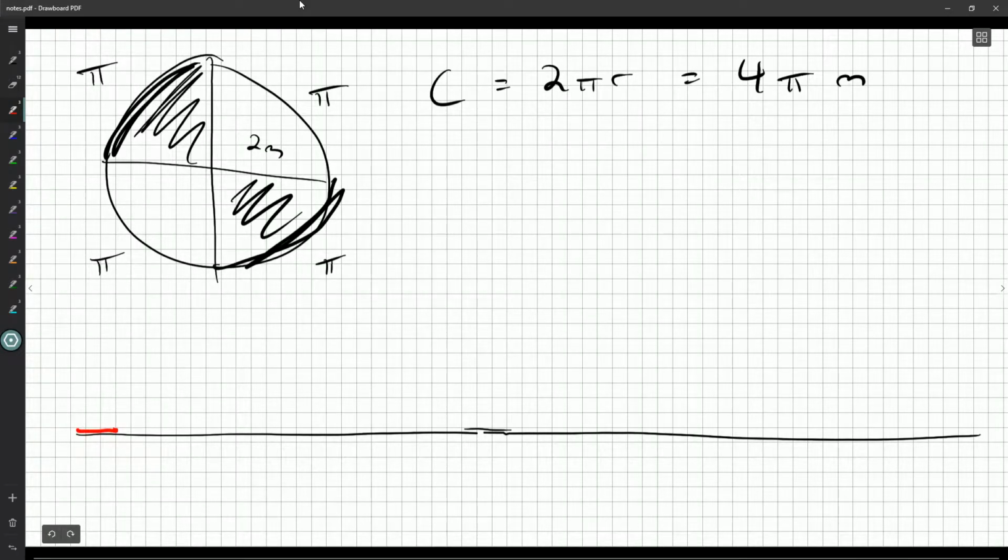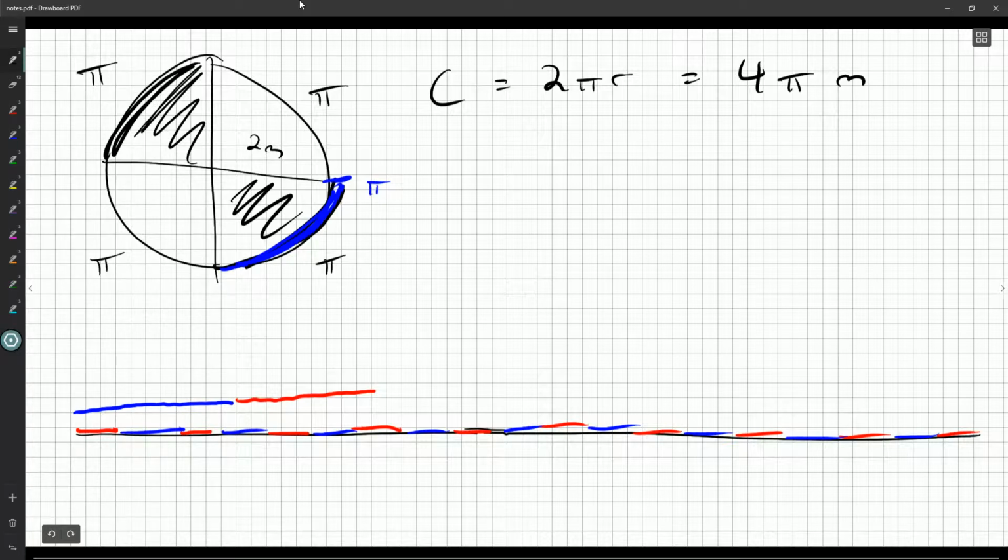So it's unshaded, and I probably need more than that. And then it's shaded, whereas the wheel, as it sort of unspools, starts out shaded, and it's shaded, shaded, shaded, and then it stops being shaded after it's gone pi, after pi of its circumference has gone, and then it starts being unshaded again.